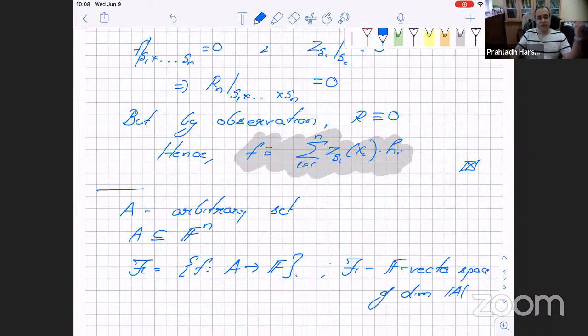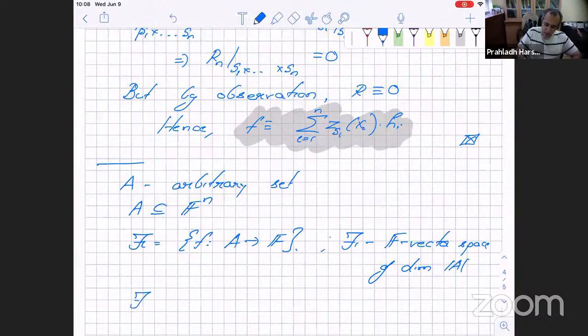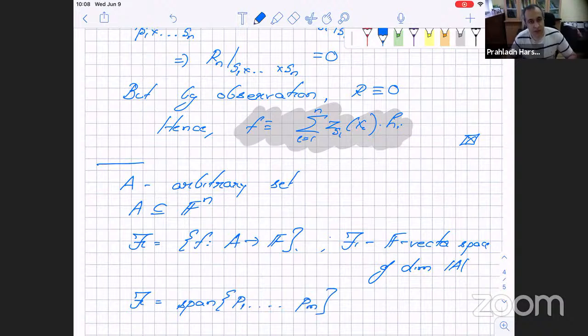Now, suppose on the other hand, we were able to show F is spanned by, say, polynomials P1, P2, Pm, polynomials of a particular type. So F, originally functions, I'm now viewing as some polynomials. F was contained in this span. What can you say here?